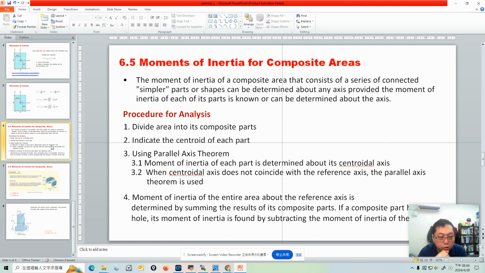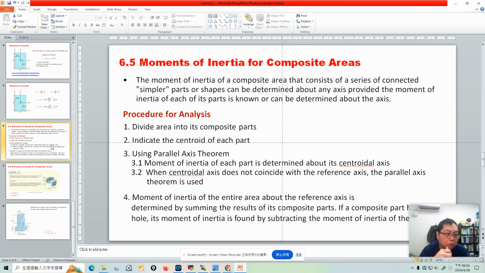If we want to determine the centroid of a composite area, the strategy is to decompose the complicated shape into simpler shapes like a rectangle or right triangle. In the moment of inertia calculation, we have the same idea.